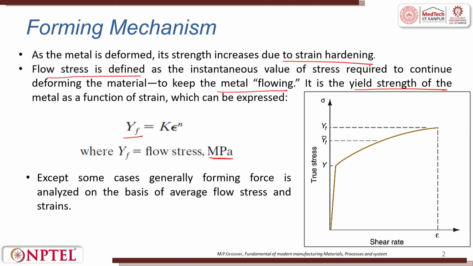Yield strength as a function of strain is expressed this way. Except in some cases, forming force is generally analyzed on the basis of average flow stress and strains. If I say average flow stress, this is YF bar. It is from this point to this point. This is the average YF bar.